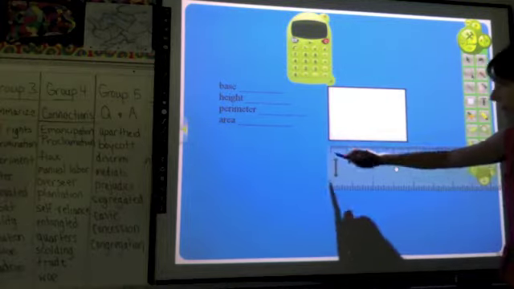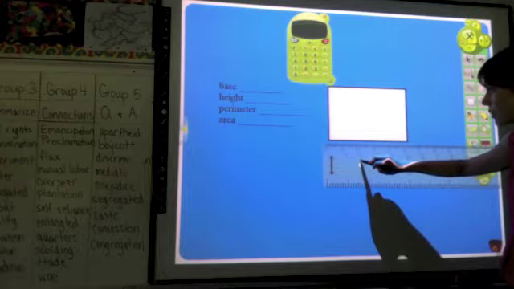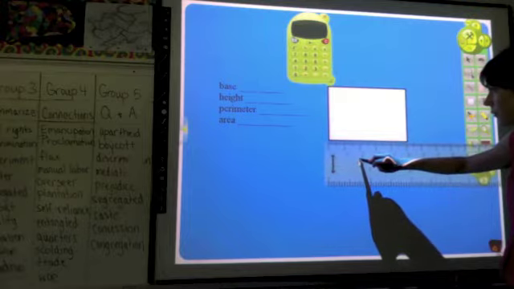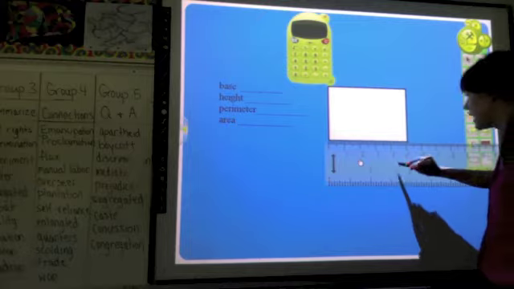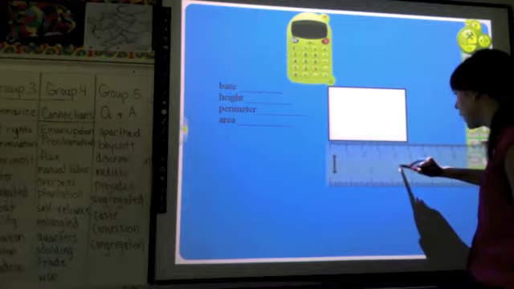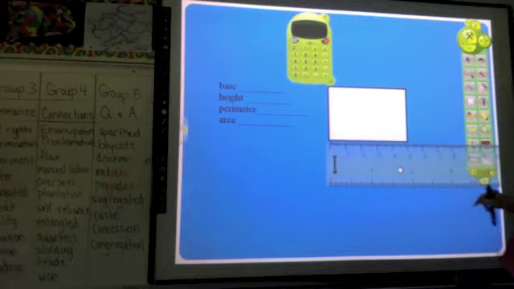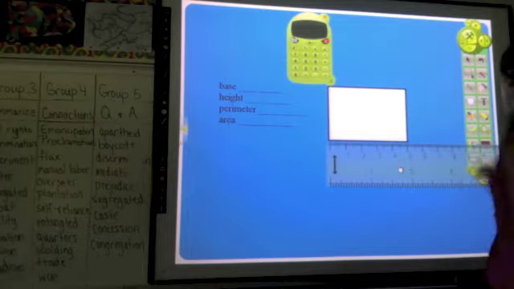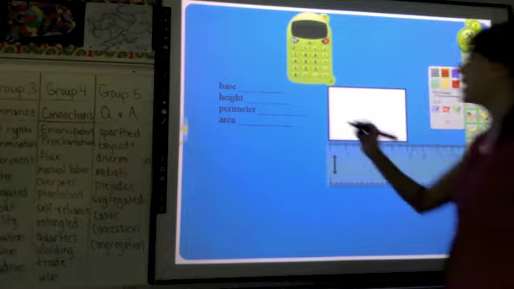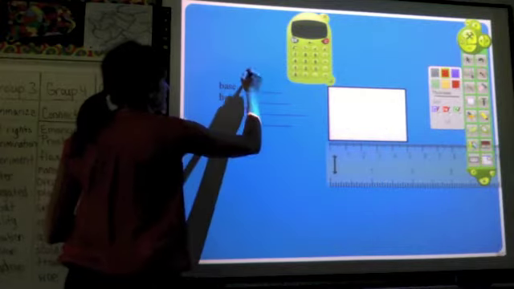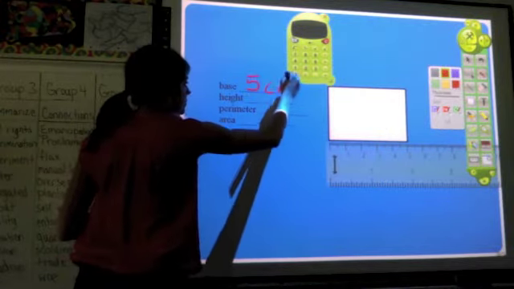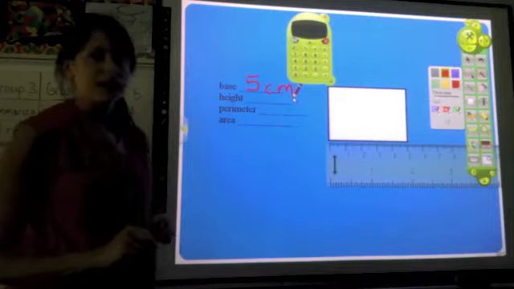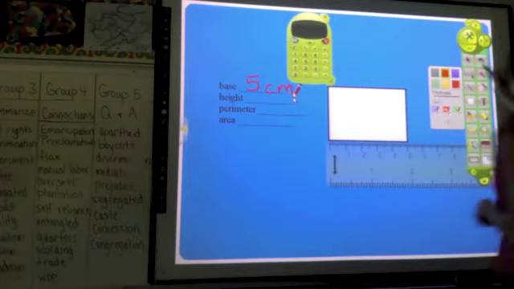So I bring my ruler up here and make sure that the first black line on my ruler is lined up with the end of my shape. And then I can look right here and I know that the base is about 5 centimeters. So from here to here is about 5 centimeters. So then I'll go back over here and I'll write down 5 centimeters next to base.